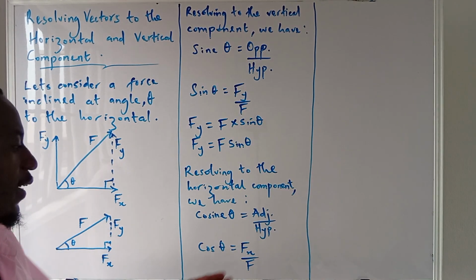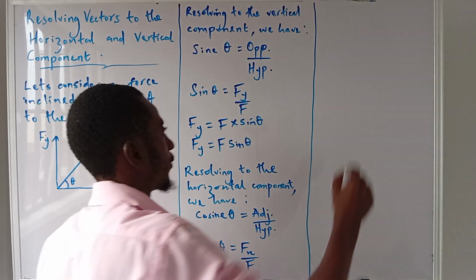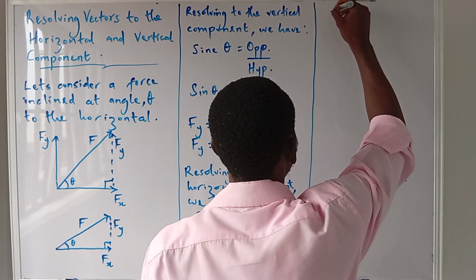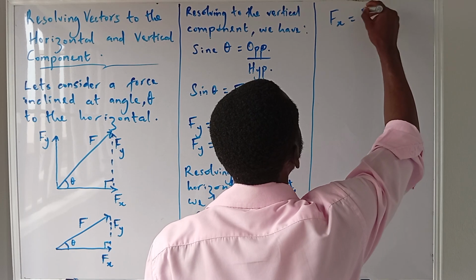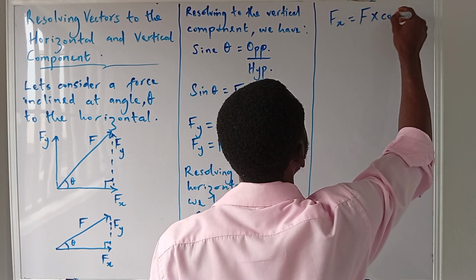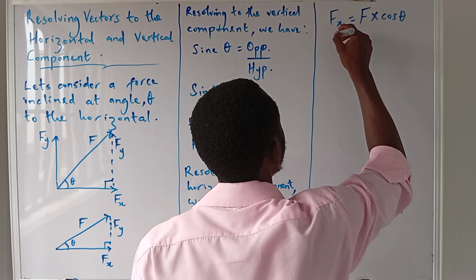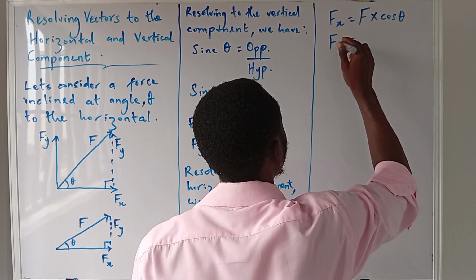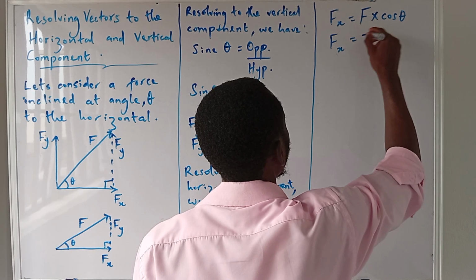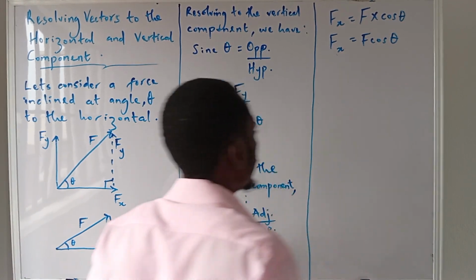Once you cross multiply, Fx will be made the subject of the formula. F multiplied by cos theta, and this is going to become Fx, let me make it a subscript, equal to F cos theta.